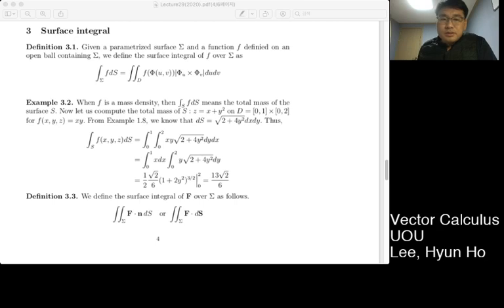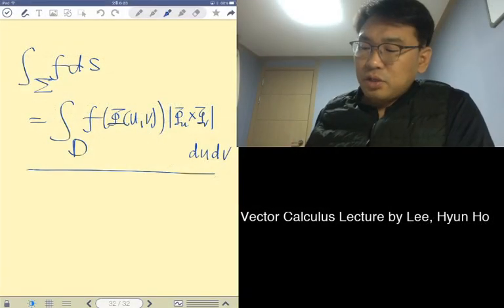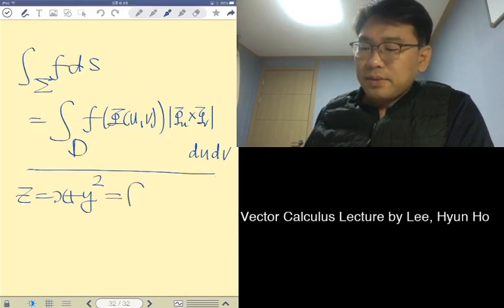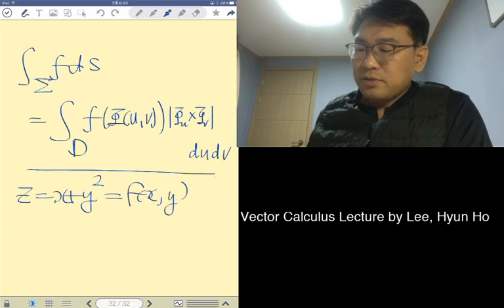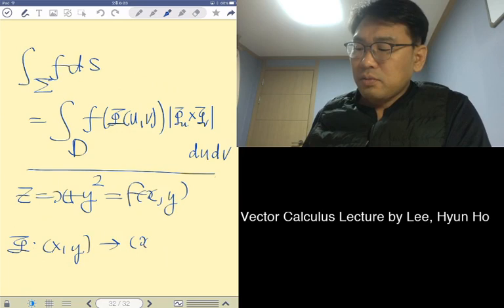We need to compute dS and the parameterization. Let's look at the canonical parameterization: g equals x plus y squared, which is of the type f(x, y), so the canonical parameterization is (x, y) to (x, y, f(x, y)).